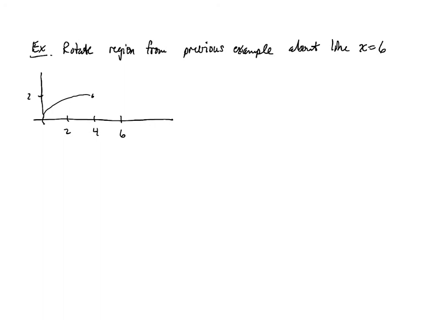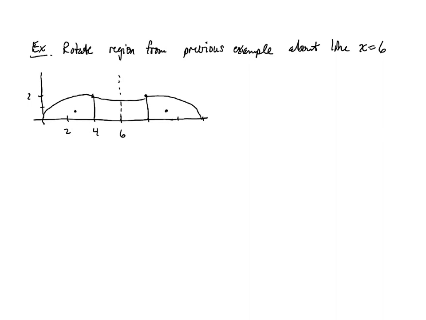So y equals the square root of x, y equals 4. And the centroid we found was somewhere around here. And I'm going to rotate about this line x equals 6. So I need a mirror image copy of my region, like so. A mirror image of the centroid of the region.